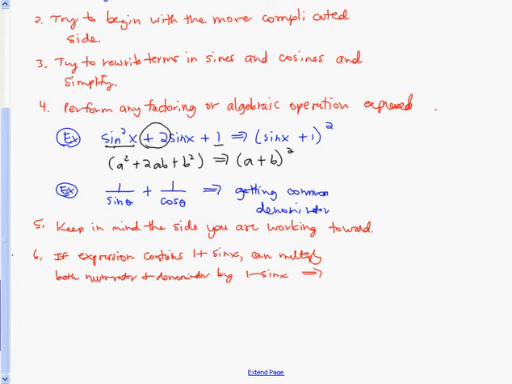What that's going to result in is 1 minus sine squared of x, which we know as cosine squared of x. This is what we would consider the conjugate. 1 plus sine of x and 1 minus sine of x are considered conjugates. This is true for 1 minus sine of x, or 1 plus cosine of x, or 1 minus cosine of x. You would just use some of those basic ones, just change the sign, and multiply top and bottom by it. And we'll look at some like this to help you know what's going on. But that's a suggestion.